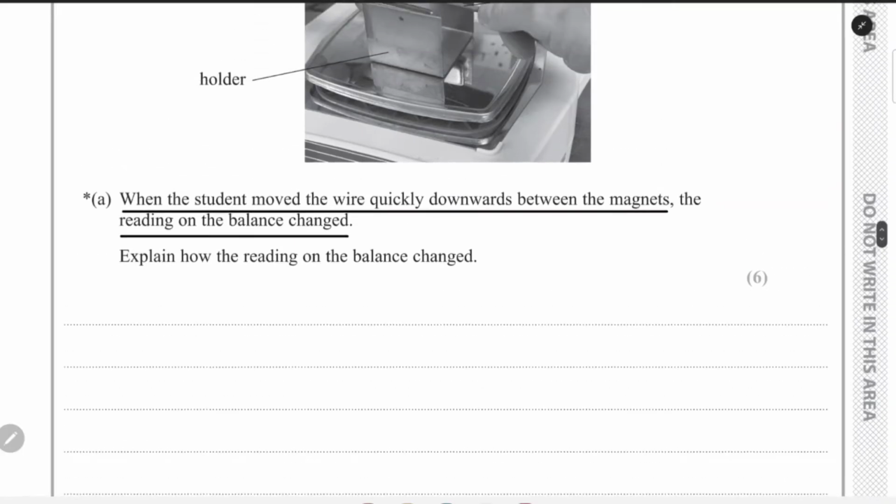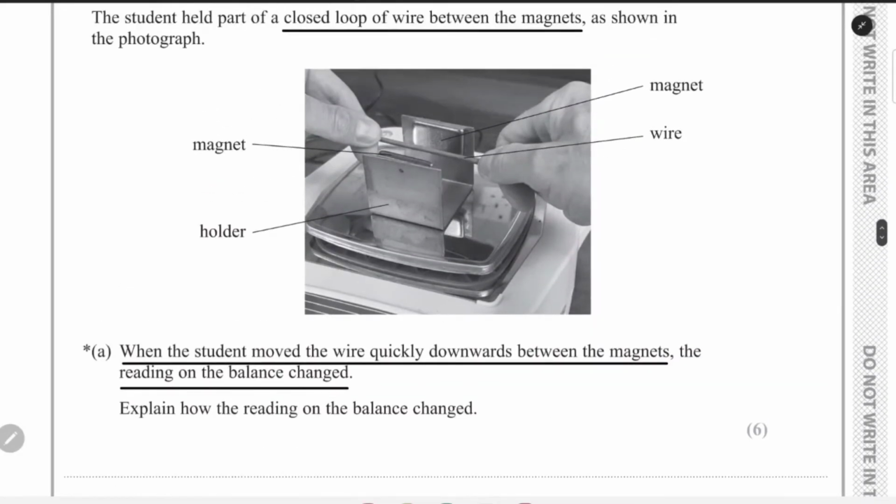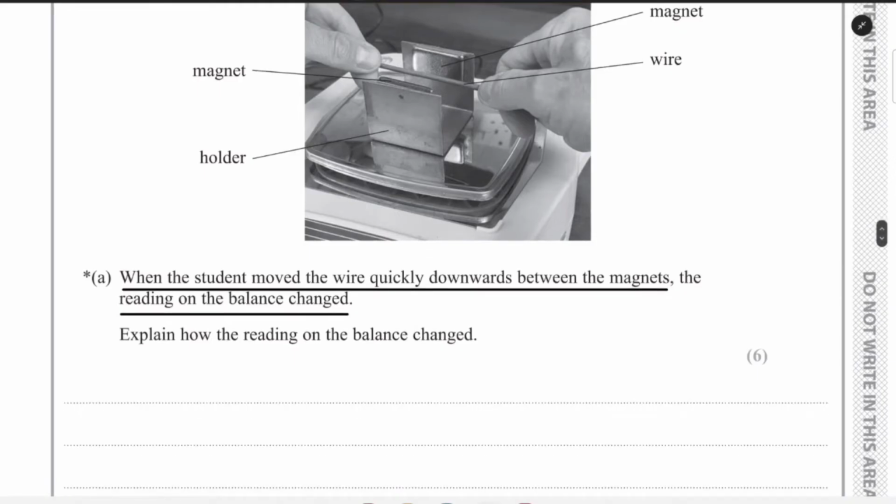So here we have to talk about Lenz's law and Faraday's law. We have a conductor moving in a magnetic field, so it will have an induced current and induced EMF on it due to it being a conductor moving through a magnetic field. It will experience a change in flux cut.